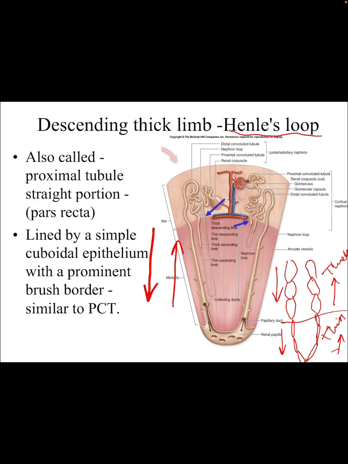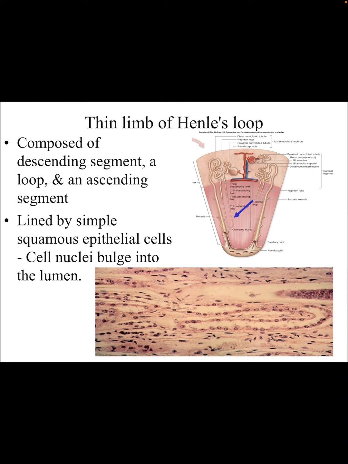The only way to differentiate between the thick or the thin is to observe the epithelium lining. If it's cuboidal, then it's the thick portion, and if it's squamous, then it will be the thin portion. As we can see here, this is the area of the epithelium, and this is again the epithelium, simple cuboidal, whereas at this area here, the epithelium changes into simple squamous epithelium.